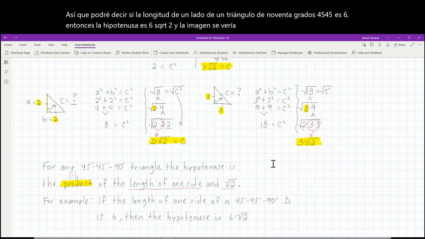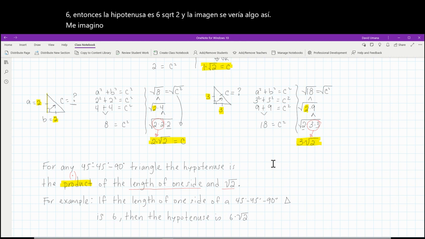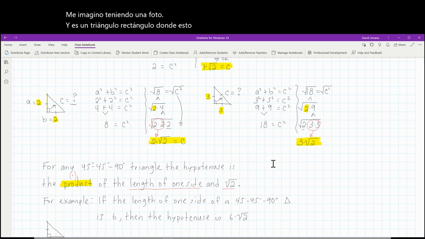I can imagine having a picture of a triangle, and it's a right triangle where this measures 6 and this measures 6. And as a result of my calculations, this will measure to 6 square root of 2.